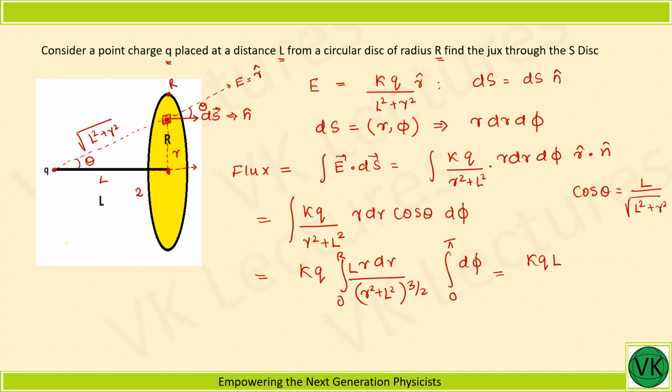So kql into pi, integral r dr divided by r square plus L square whole to the power 3 by 2.